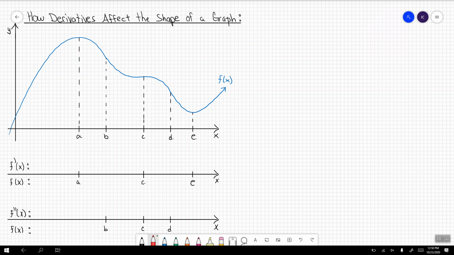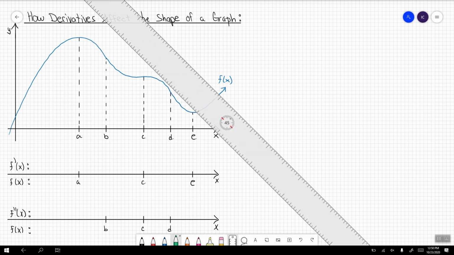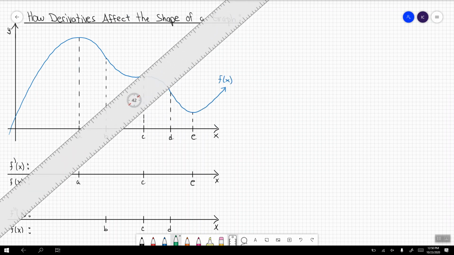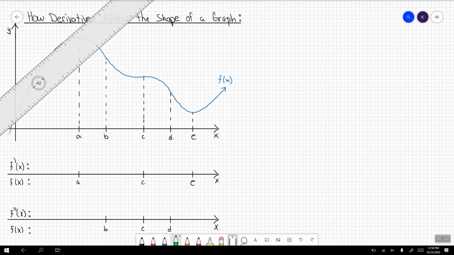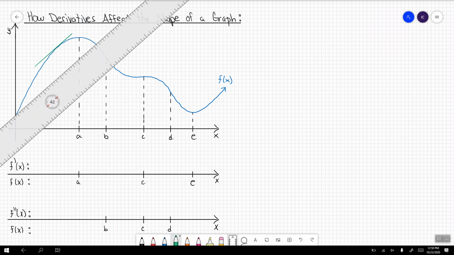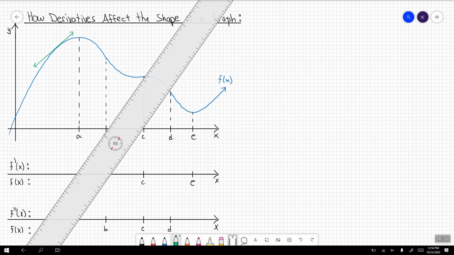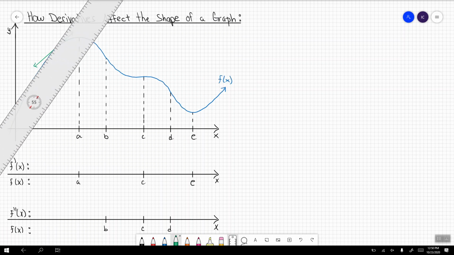Okay, so one of the first things that I want to start analyzing here is when the derivative of my function is going to be positive. Now remember, when we're talking about the derivative of a function, we're really talking about the slope of the function at a given point.